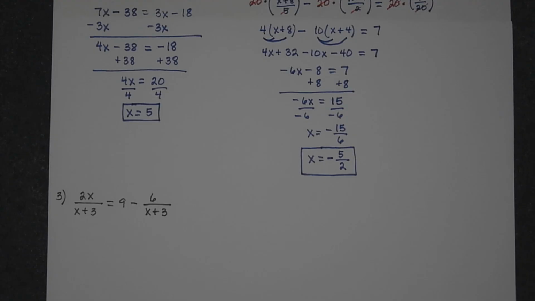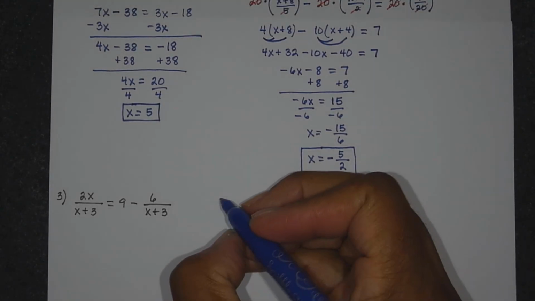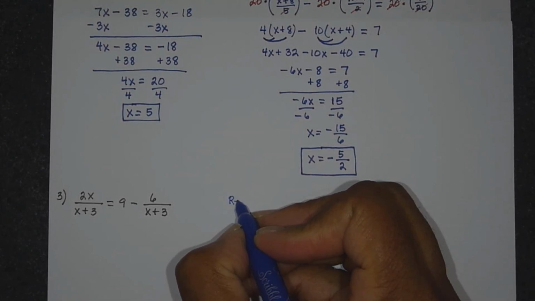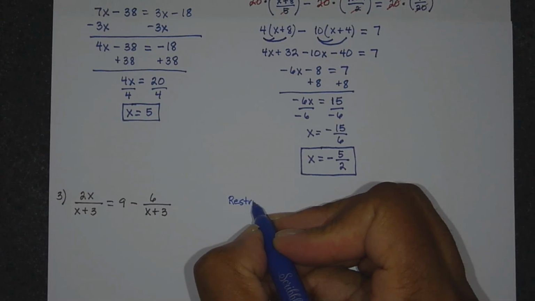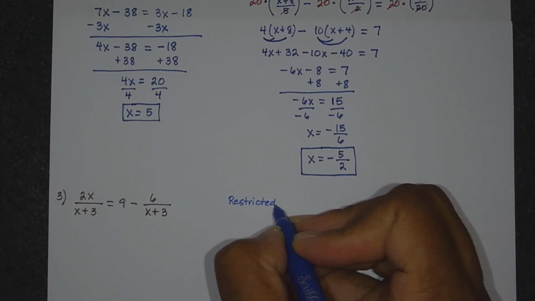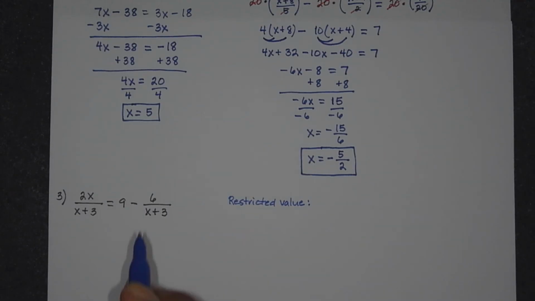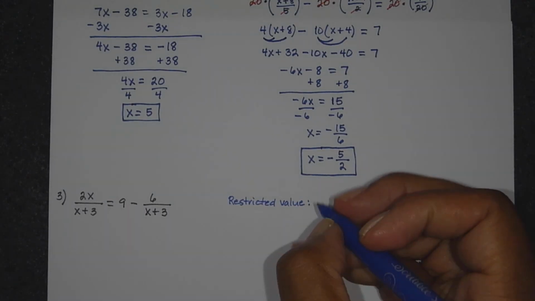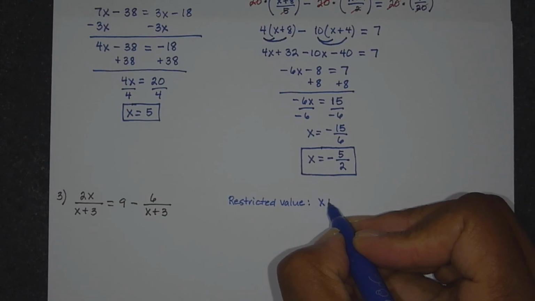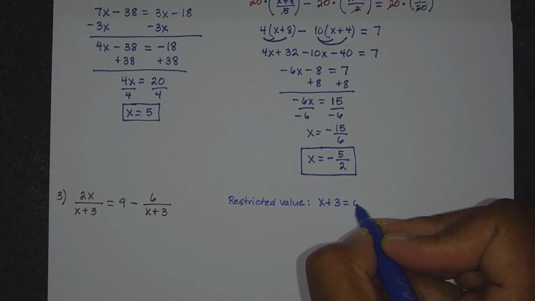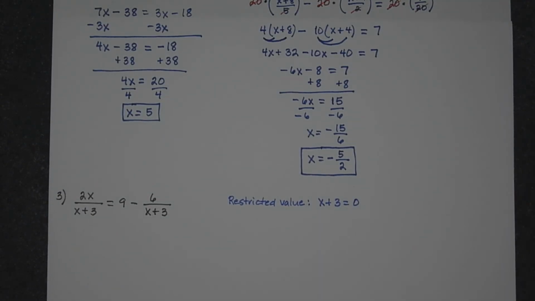All right, so to find the restricted value, we need to find out what value of x would give us a 0 in the denominator. And the only expression that we have in the denominator is x plus 3. So you're going to set that equal to 0 and find out what x is.